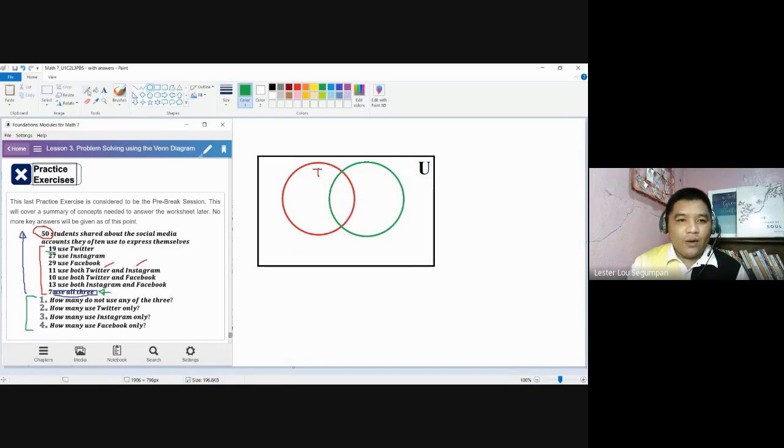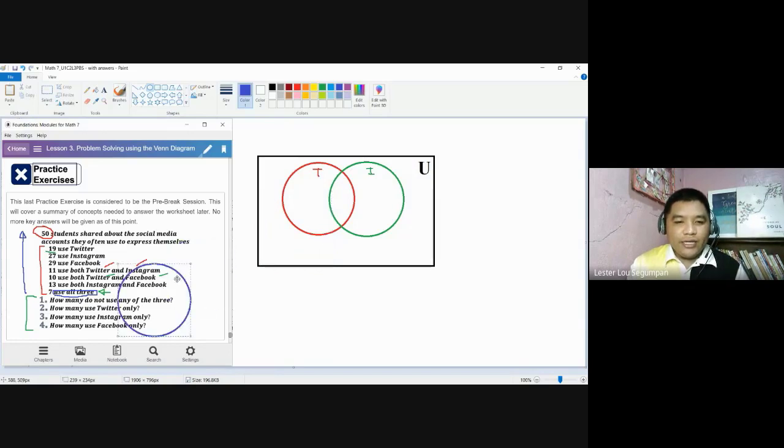This is actually our Instagram. Aside from that, Twitter and Facebook are also joint as given here. So if I'm going to add another circular figure, let's say color blue, it could represent Facebook because Facebook is more or less color blue. It should intersect or overlap with Twitter.